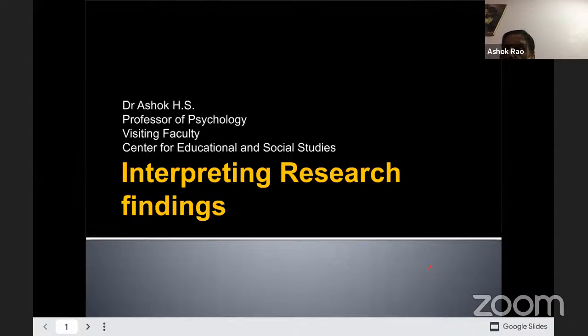Use personal experience. This is another important factor. Suppose, for example, as a researcher, you yourself have gone to the field and collected the data. When collecting the data, you would have interviewed and talked to individuals. I was talking about outliers. When you start interpreting the data, use your personal experience.